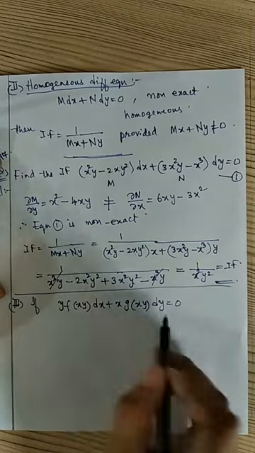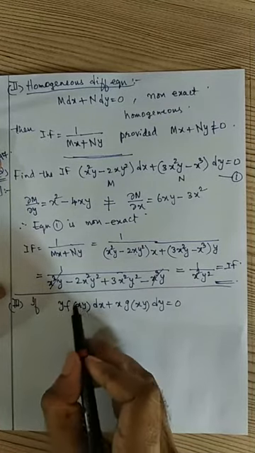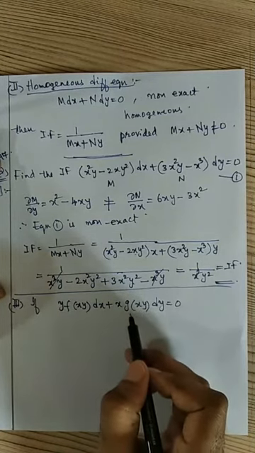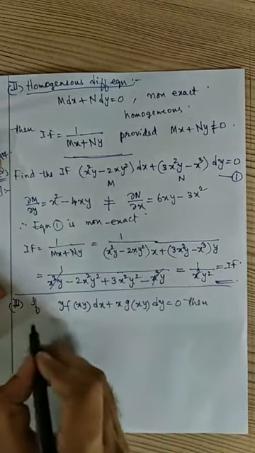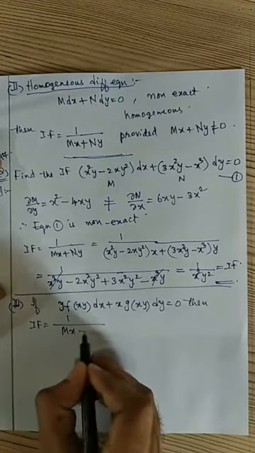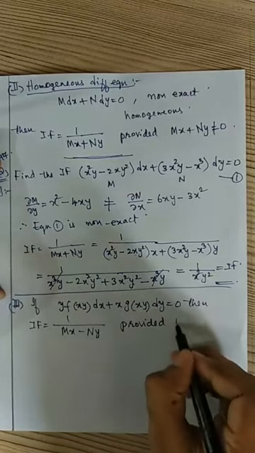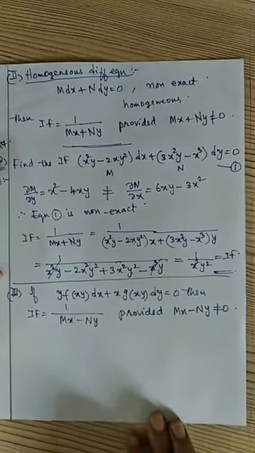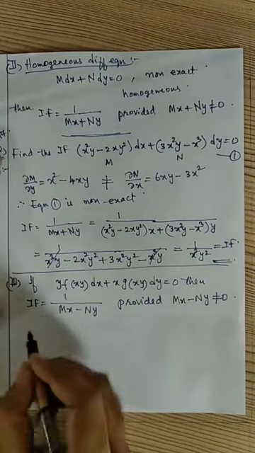If the equation is of this form, then here in the y term, xy should behave as a single variable. Here also in the x term, xy should behave as a single variable. If this is the case, then the integrating factor is given by 1 by Mx minus Ny, provided Mx minus Ny is not equal to 0. So we'll consider one problem here.